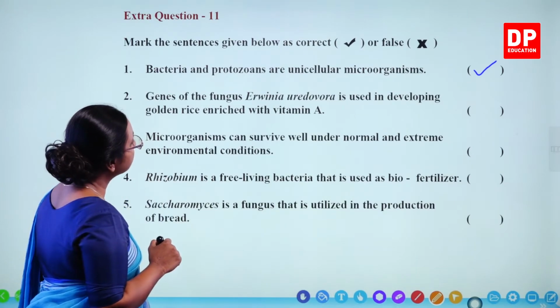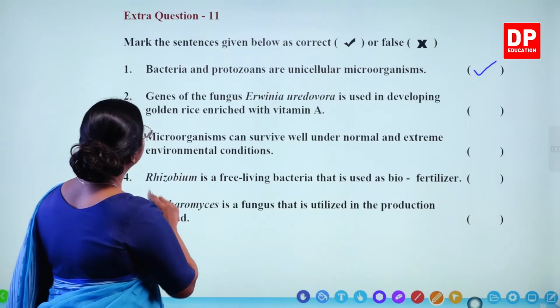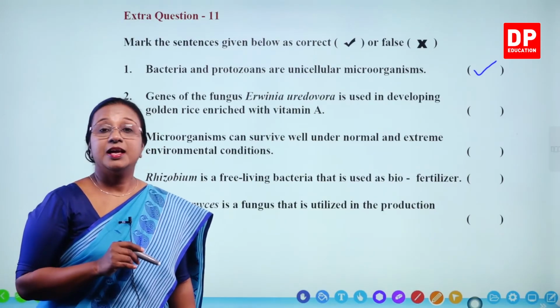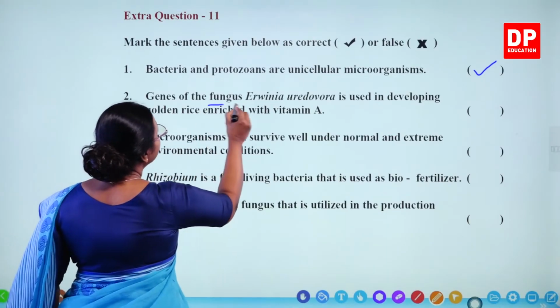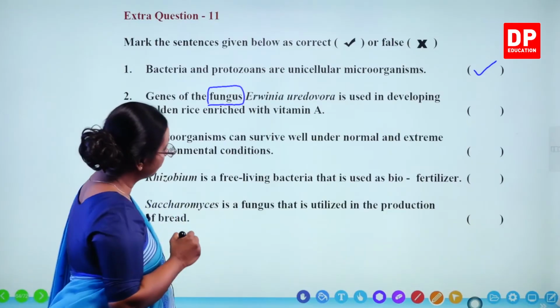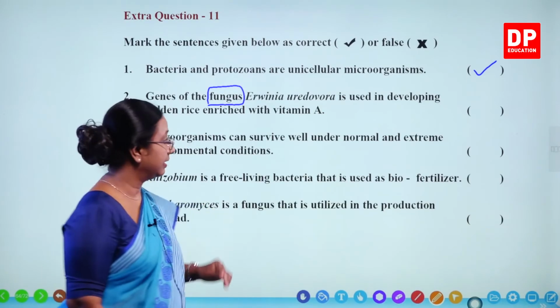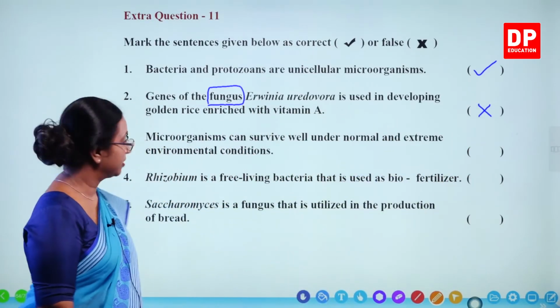Genes of the fungus Erwinia uredovora is used in developing golden rice enriched with vitamin A. Is that correct? No, it's false. Why is that? Erwinia uredovora is used, but it is not a fungus. It is a bacteria. So, because of that, this sentence is false.